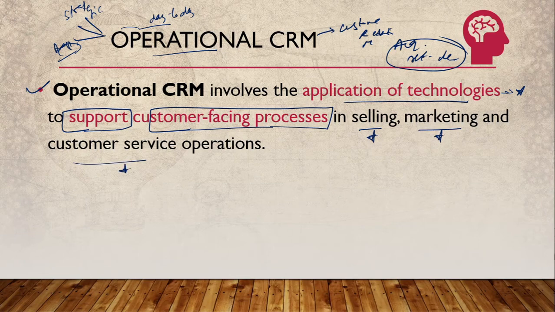These three are the departments which are mostly exposed to the customer, and they have the processes. To support all these processes for the sales department, marketing department and the customer service department with the application of technology is the operational CRM. This is the definition of operational CRM, where you are actually improving the effectiveness of these customer facing processes so that you can work on customer relationship management.